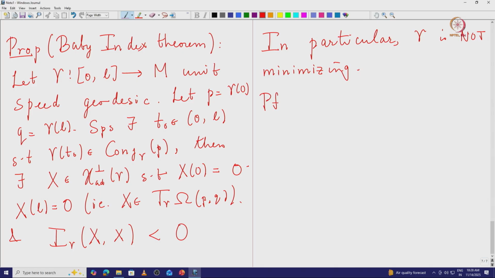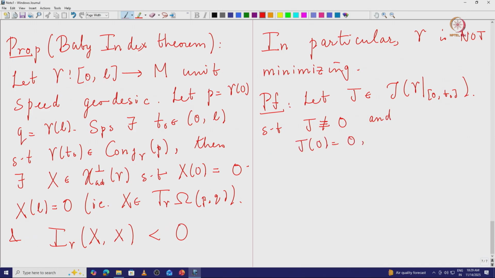Okay, so what is the proof of this? So by definition, let J be a Jacobi field on the restriction of gamma from 0 to t naught, such that J is not trivial, and J of 0 is 0, J of t naught is 0. Okay, this is by the definition of gamma of t naught being a conjugate point.